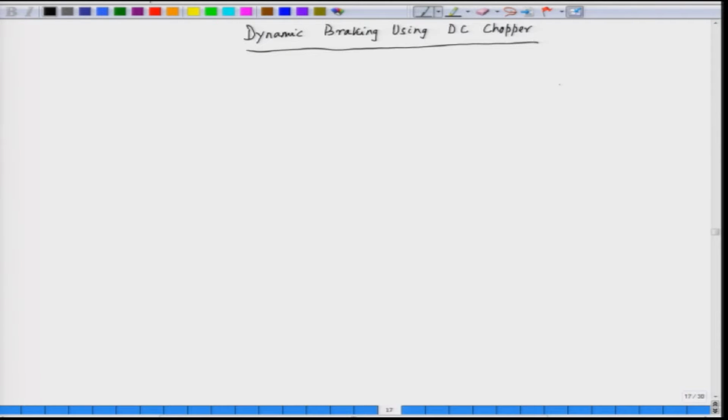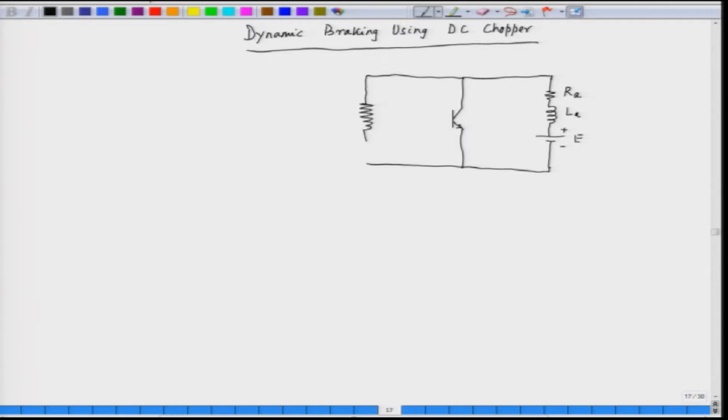So, what we have here is the armature of the motor, which is represented by resistance, inductance and back EMF. And we have a chopper switch, which is connected in parallel with the armature. And this is connected to a braking resistor, that is RB.